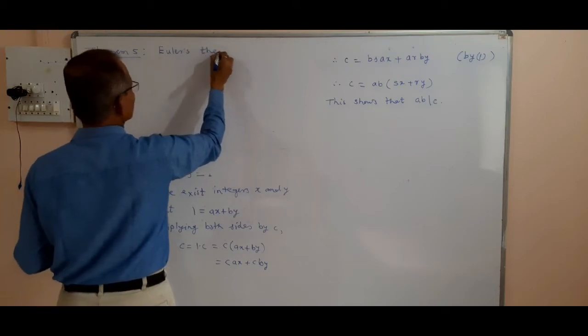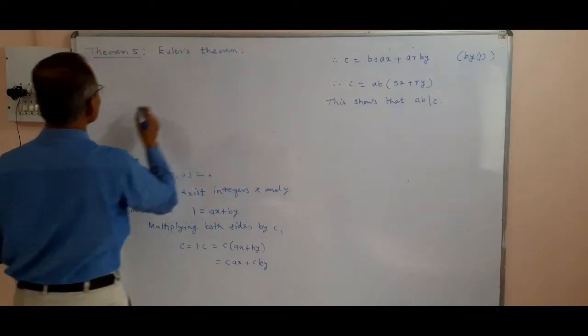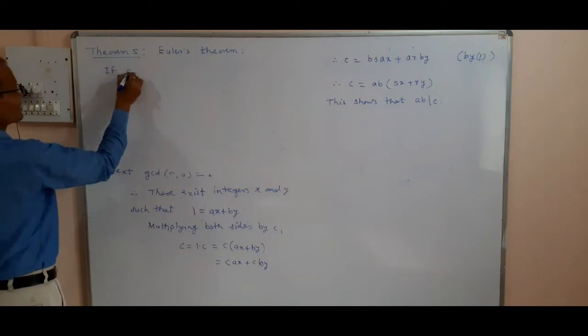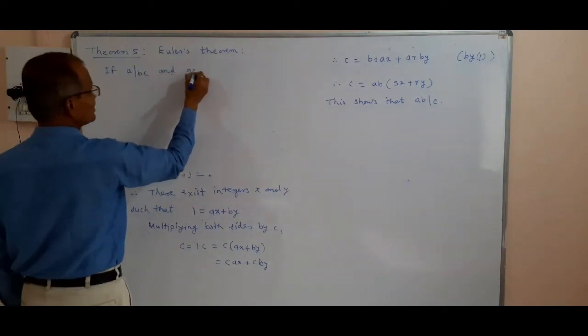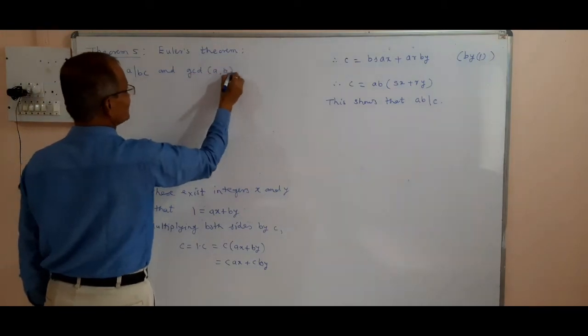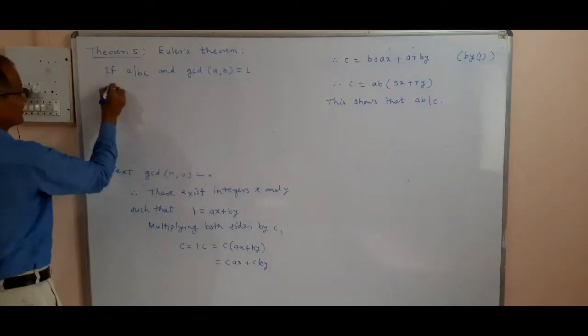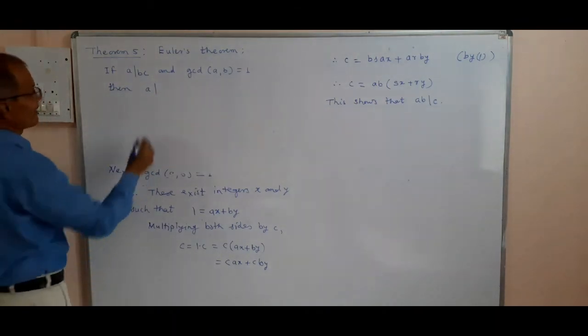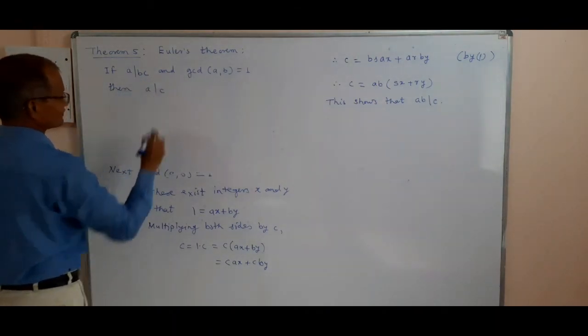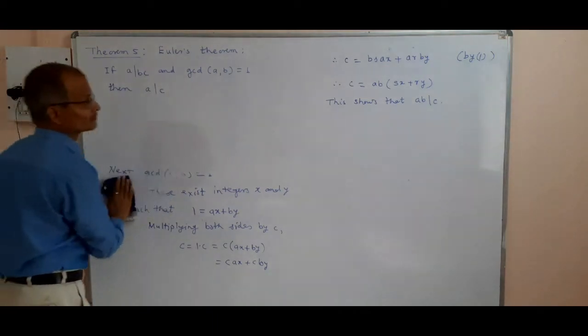Euler's theorem. If the statement is now, if A divides BC and GCD of AB is equal to 1, then A divides C. This is the name.